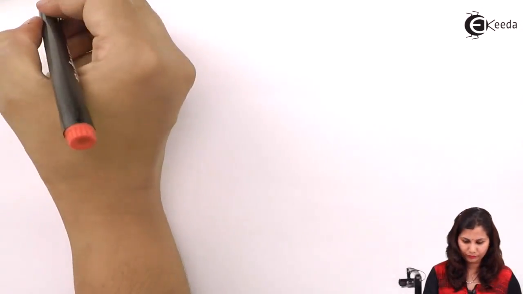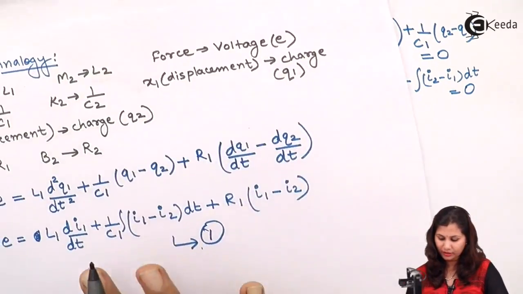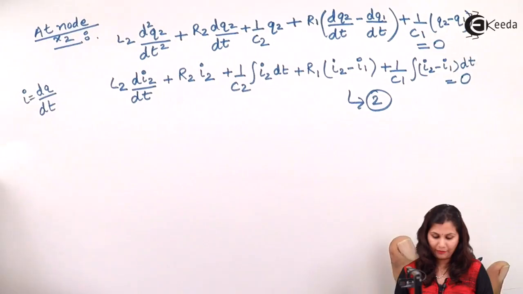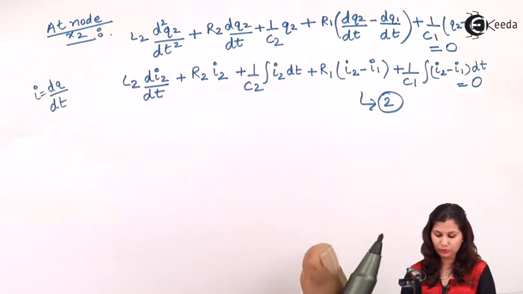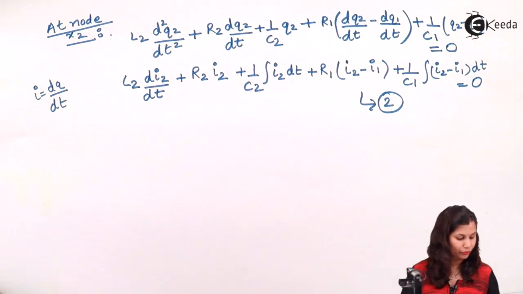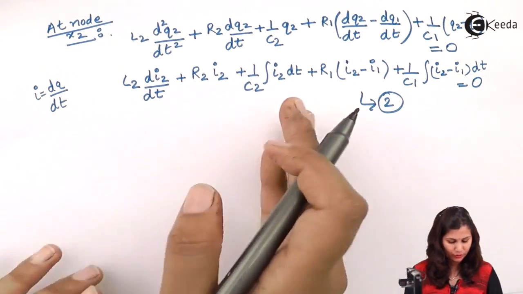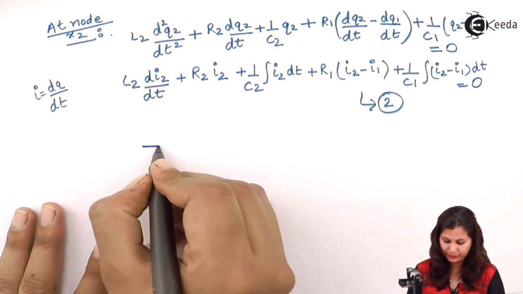First of all, before starting with it, we have obtained these two equations earlier for the force voltage analogy, so we have to draw the analogous system also. It was in our question that we have to draw the analogous system. So using these two equations, we will draw it.